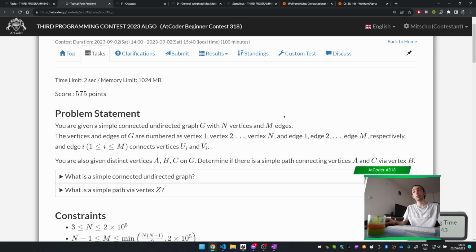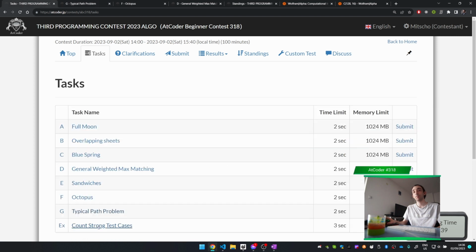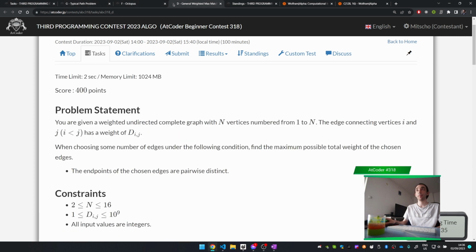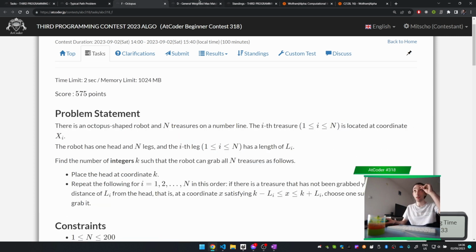This is not a simple problem. Okay, so F and D.